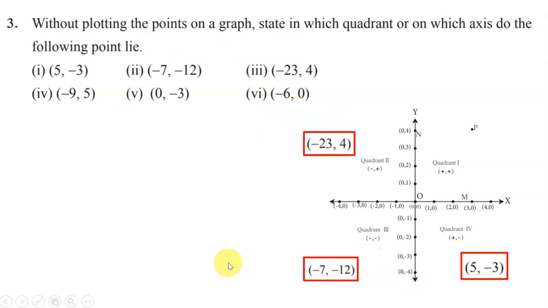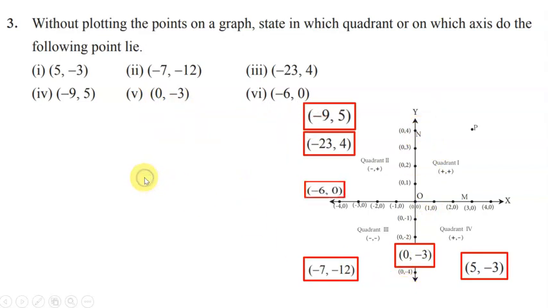Next, x is negative, y is positive, it lies in the second quadrant. Again for the fourth one, x is negative and y is positive, it lies in the second quadrant. Next, (0, -3): x is 0 and y is -3, it lies on the y-axis. And for the last, (-6, 0): x coordinate is -6 and y is 0, it lies on the x-axis.